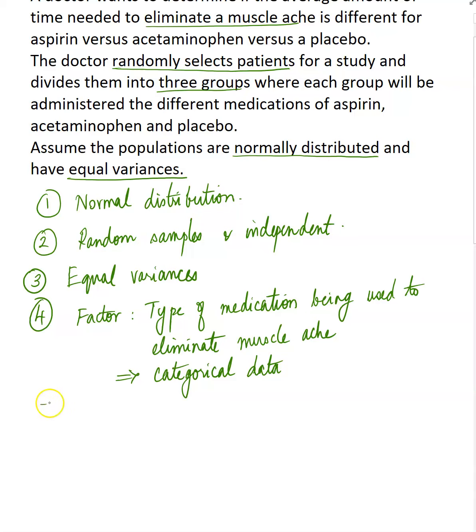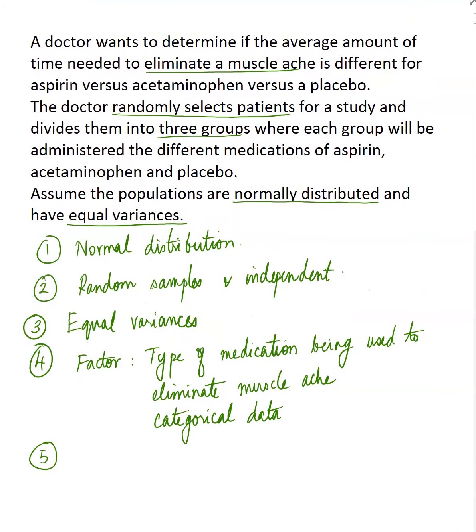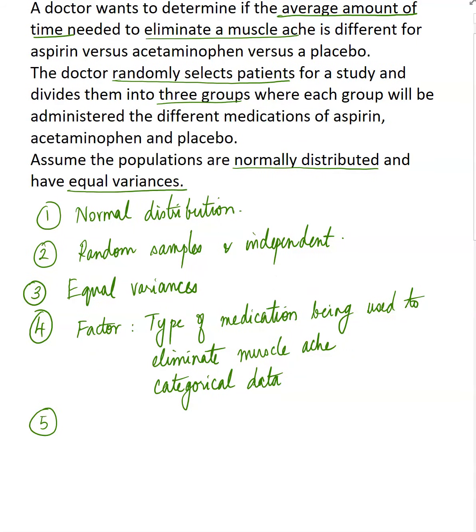And our fifth condition is that the response variable, the dependent variable, is a numerical variable. So our response variable here is the average amount of time needed, right? So that is numerical because you can measure the average amount of time. So I'll just say here, response variable would be the time needed to eliminate.